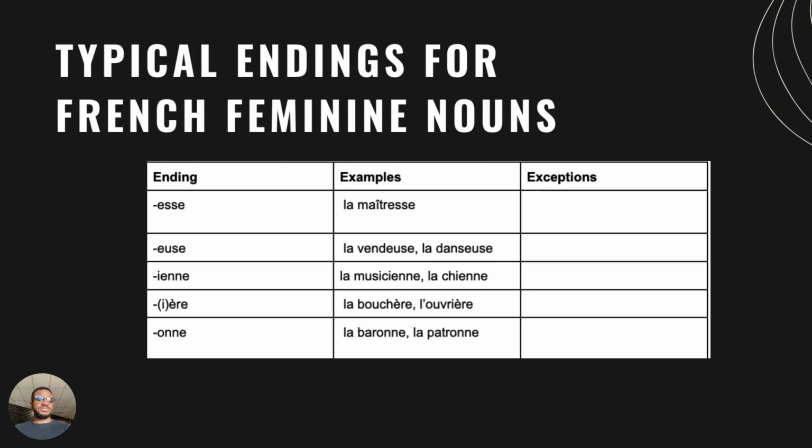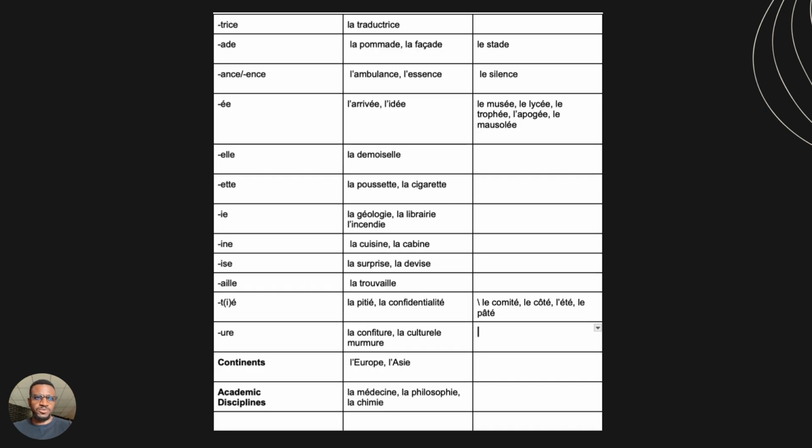Most of them, it's just E. La musicienne, la chienne, la bouchère, l'ouvrière, then O-double-N-E, la baronne, la patronne. And then you go la traductrice, the translator, la pommade, la façade. We go back, exceptions again: le stade, that's the stadium, masculine. And then l'ambulance, l'essence, les silences, it's an exception.